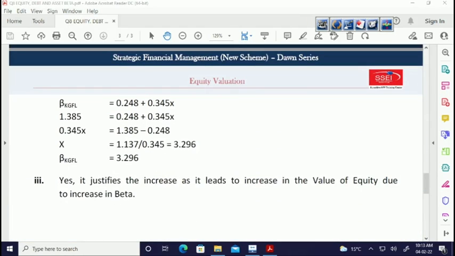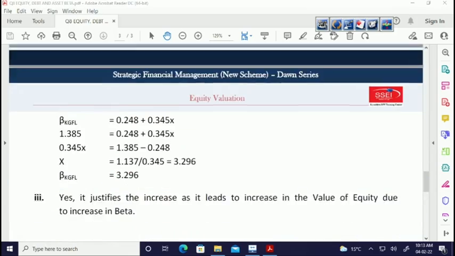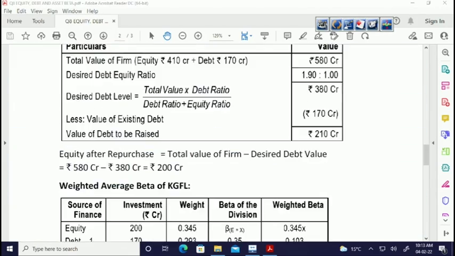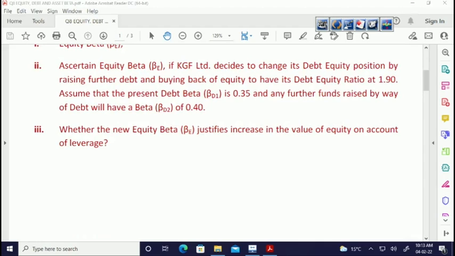One second, yeah, equity beta is now 3.296. So earlier it was 1.86, and now it is 3.296, approximately doubled. Whether the new equity beta 3.296 justified increase in the value of equity on account of leverage.